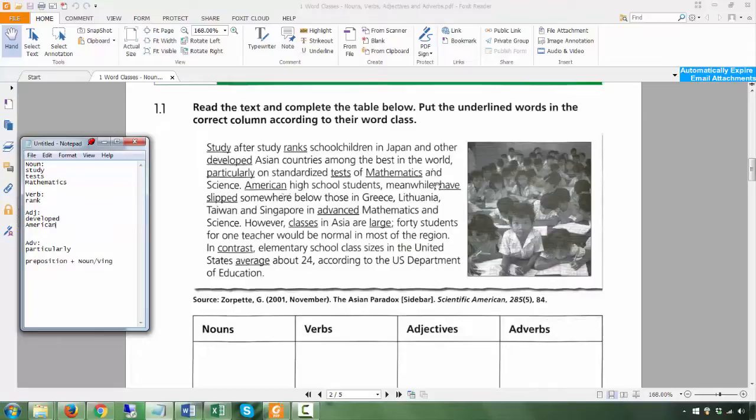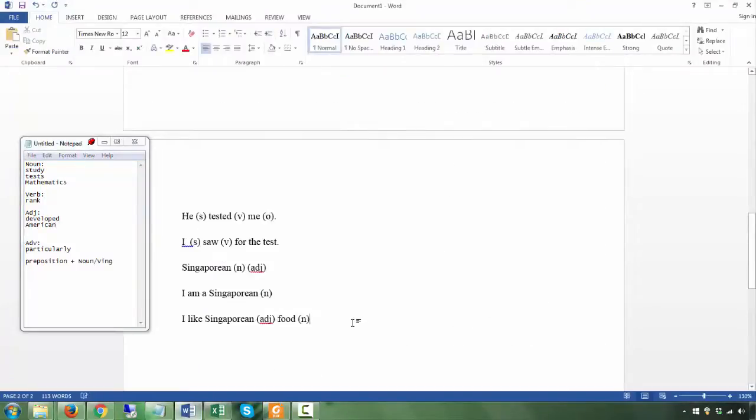Meanwhile, "have slipped". This whole thing is your subject. Now, as I go through all this, I want you to be clear about your sentence structure, and the subject comes first, unless of course it's a question. When you go through the tenses, the present simple and whatever tenses I teach you in the videos, you will know that every time we have a question, remember I talked about positive, negative, and question, you're going to put the verb in front.